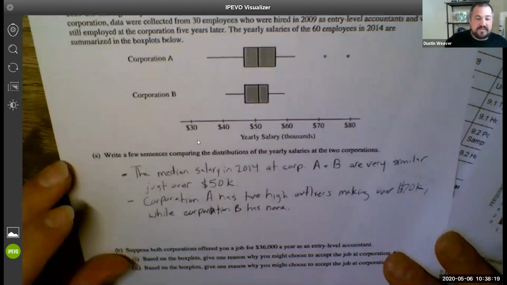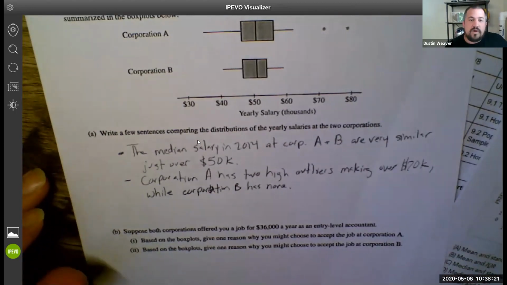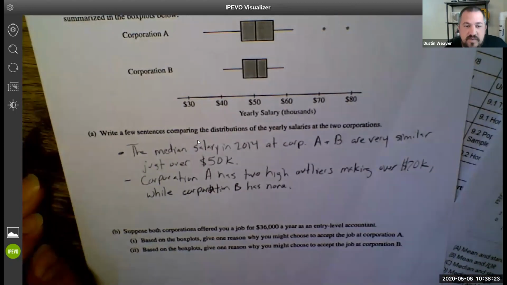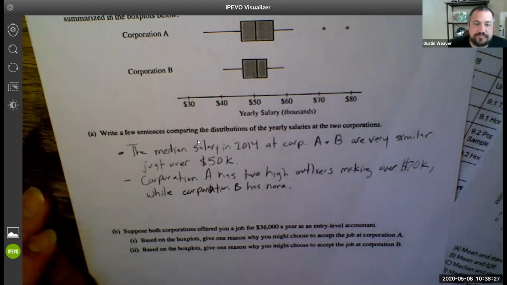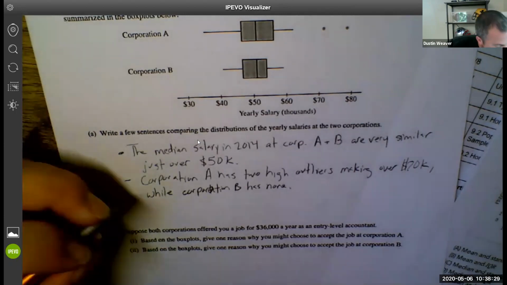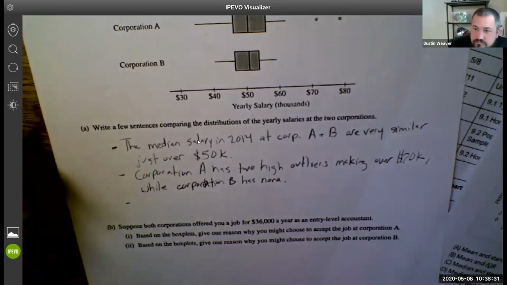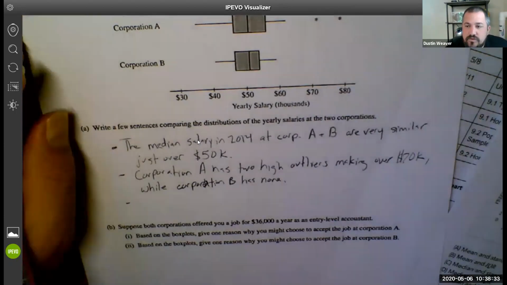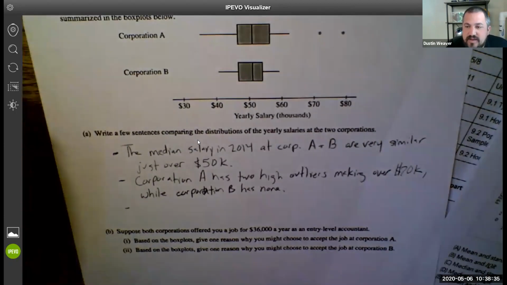Corporation B doesn't have any outliers there. What about the spread? What do you notice about the spread between Corporation A and B from these box plots?